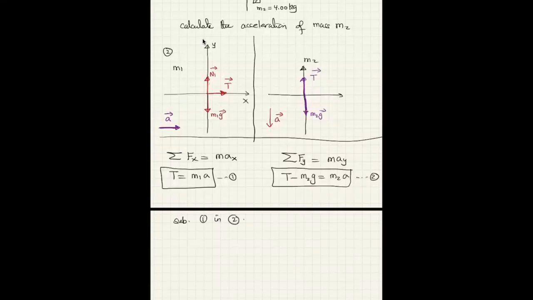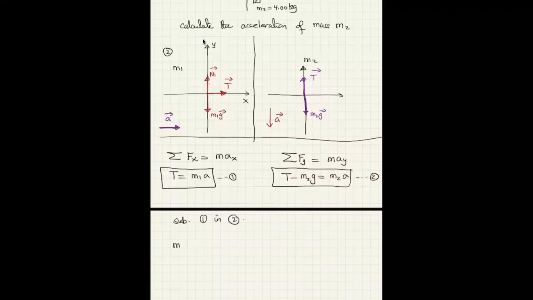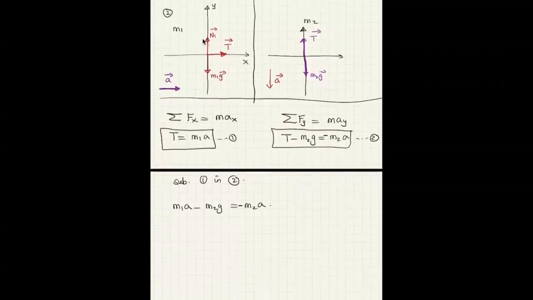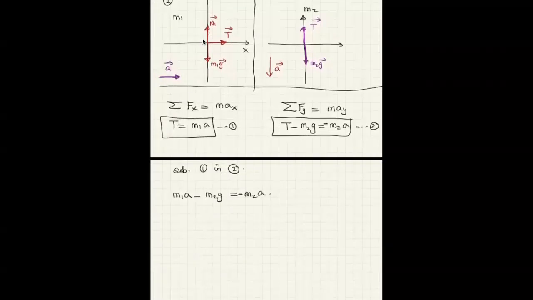Then you are going to get M1A minus M2G should equal M2A. Oh, I forgot my minus here because this one is accelerating downwards, then there is a minus. Okay, then I can say M1A plus M2A should equal M2G.